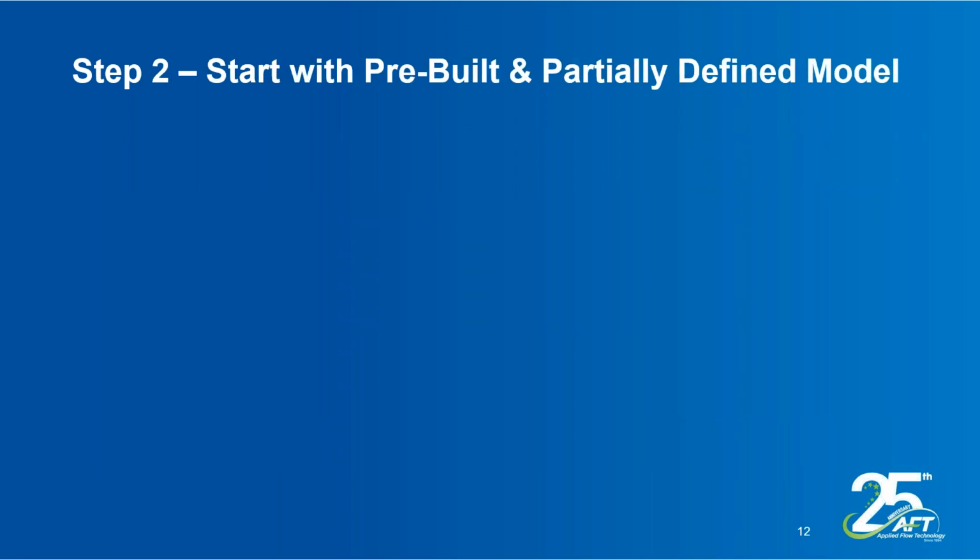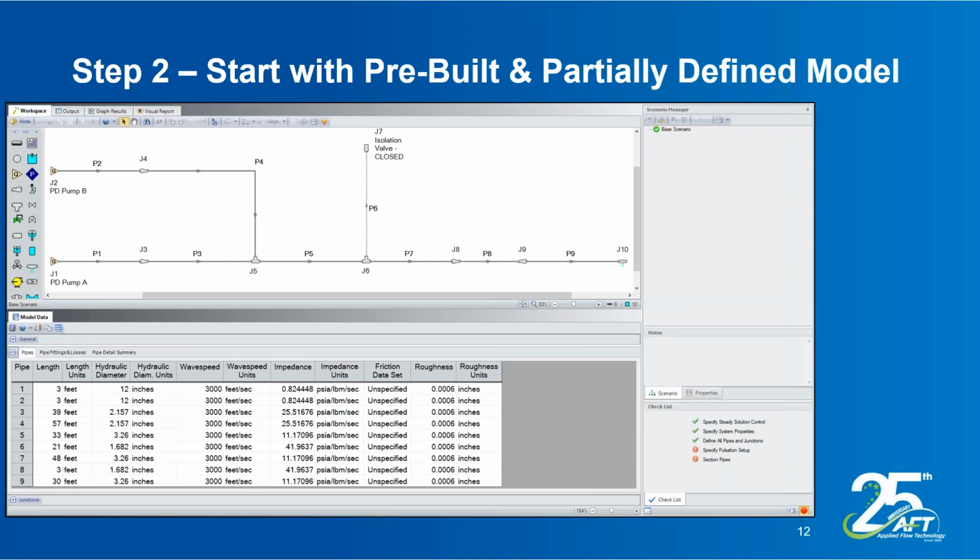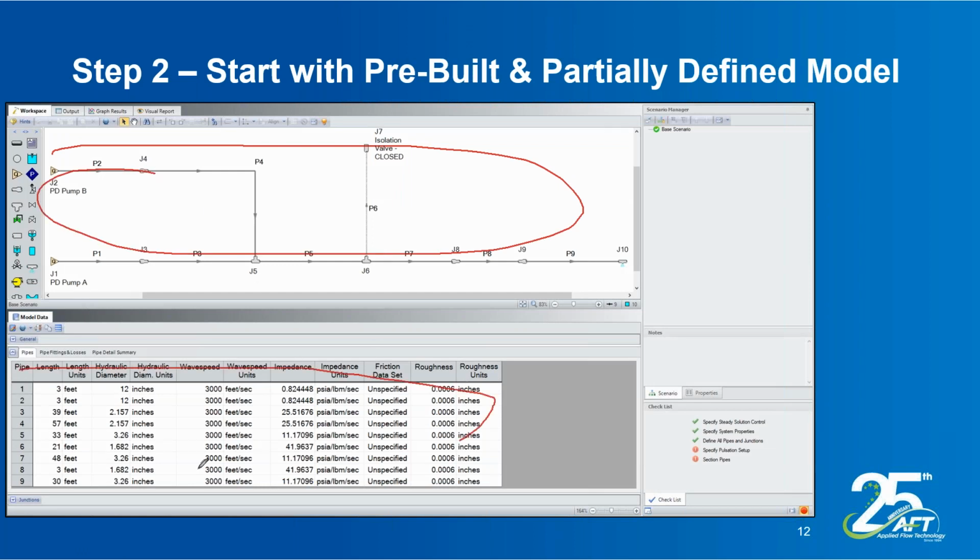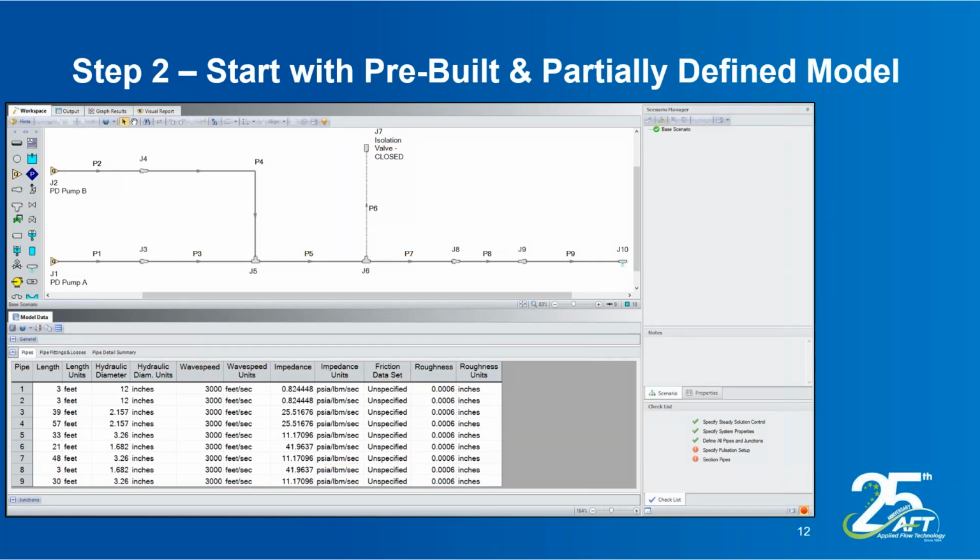Now, what I'm going to do is I'm going to start with a pre-built and partially defined model. So I already have the model of my system fully built. I have all of my piping defined, and one of the things I want to point out is the piping definitions are more simplistic. This is simply specifying the hydraulic diameters directly.